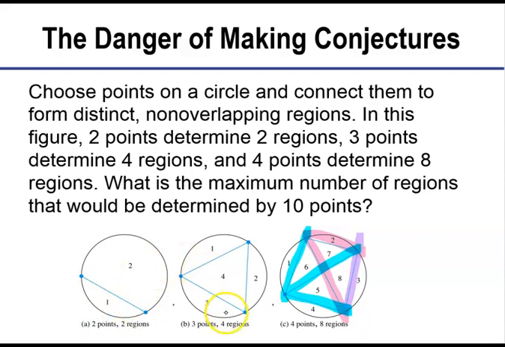You add a point, and the 2 regions double to 4. Then the 4 regions double to 8. So I bet if we keep following this pattern, if we take this to 5 points, would we guess that we would double it again and we would get 16 regions if this holds? What do you think?